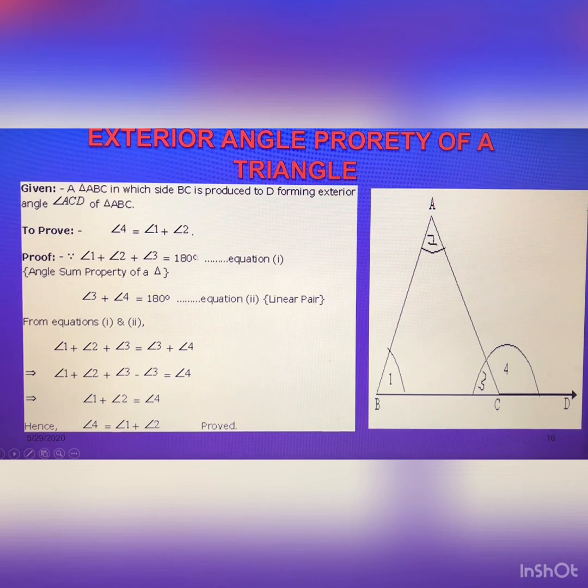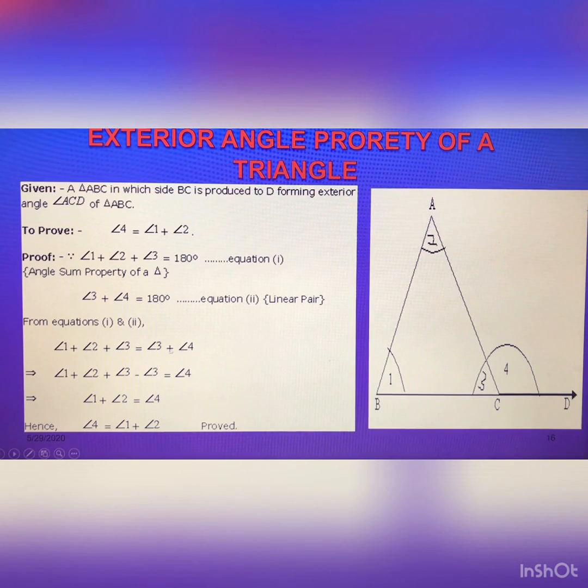But you can observe equation 1 and equation 2. The right hand side is 180 degrees in both equations. So we will equate these two equations, means substitute this value of 180 degrees in equation number 1. What you get? Angle 1 plus angle 2 plus angle 3 equals 180. You will replace this 180 by angle 3 plus angle 4, because the value of 180 degrees is angle 3 plus angle 4.